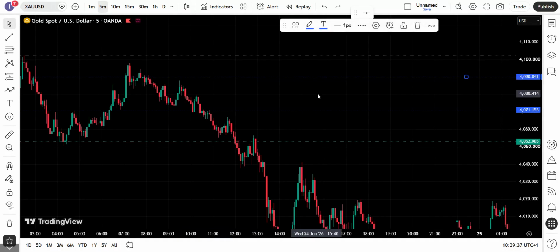Because what I'm trying to do is make it work for people that have small accounts, you have $50 you are trading with. I don't want you to risk too much money. Because what is most important is that you don't risk too much money. You risk $7. So between here, 4071, 4090, that's about $9.